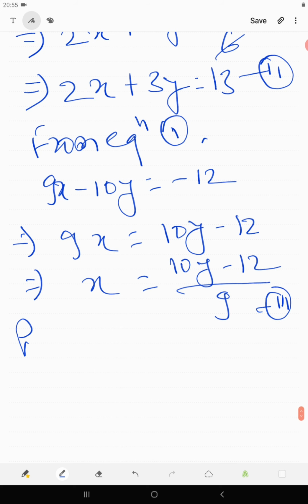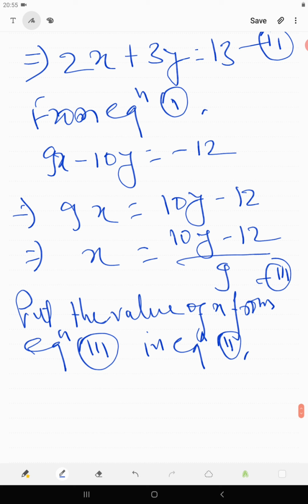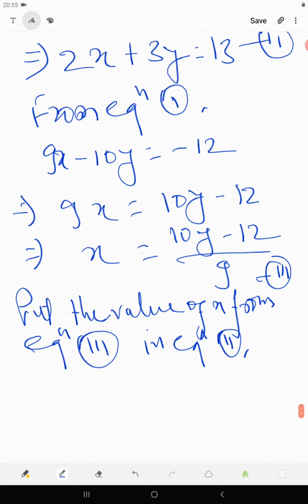Now put the value of x from equation 3 in equation 2. Whatever value of x we have in equation 3, we will put in equation 2. So it will be 2 multiplied with x, right?